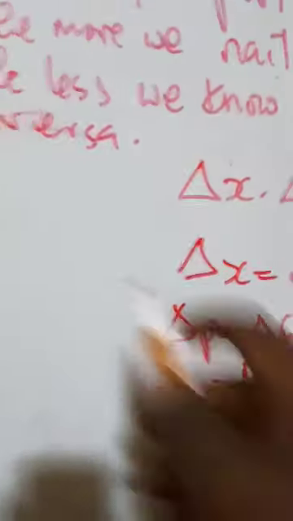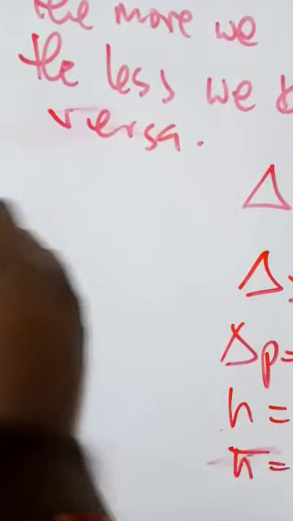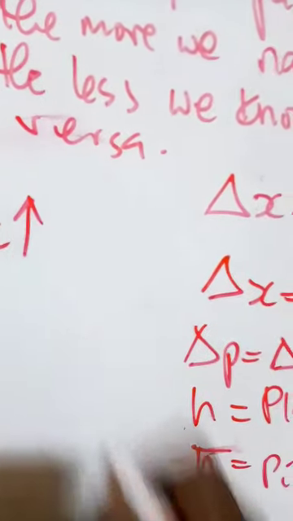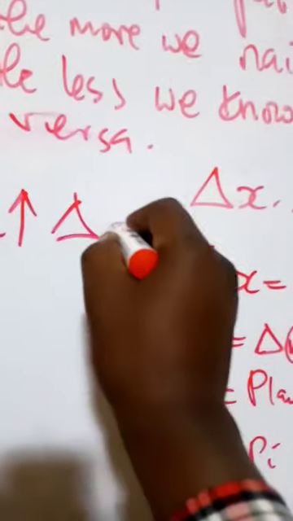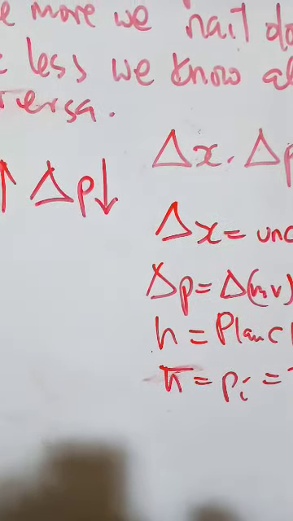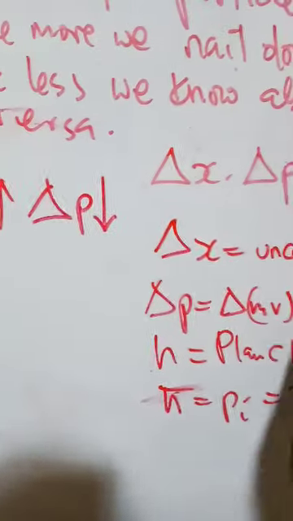So what this means is the more we know about the position, the less we know about the momentum, and vice versa. So we cannot know both at the same time.